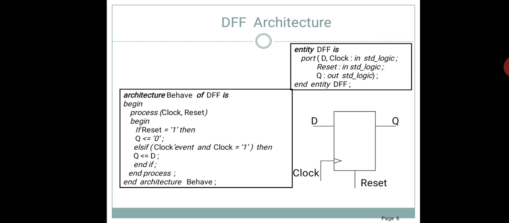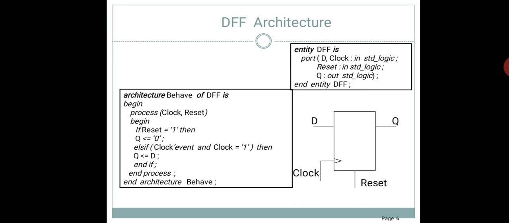So when the state of the clock is changing and the level of the clock is equal to 1, this indicates that the flip flop will be triggered, and the output Q gets the value of D when a rising edge is found. So this clock'event and clock is equal to 1 defines the rising edge of the clock, then Q gets the value D.